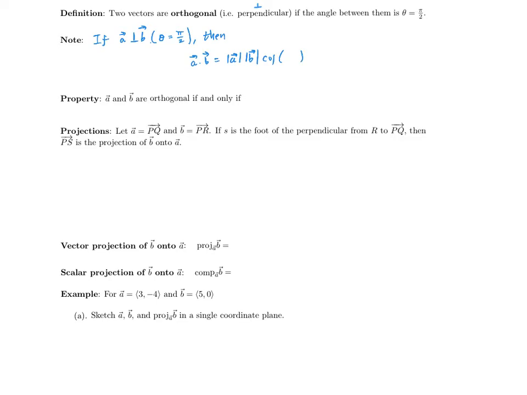That was this geometric property, or we might think of it as the geometric definition of the dot product. And in this case, the angle between the two vectors is pi over 2.